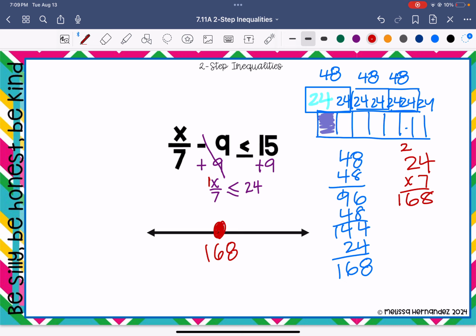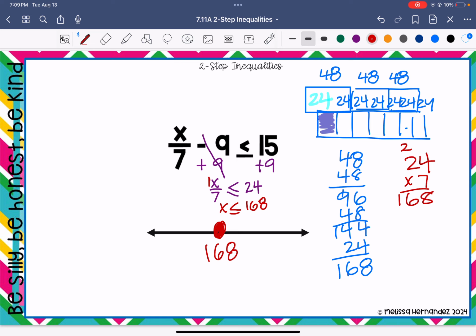Now, because we're saying it's less than, I want all the numbers that are smaller than 168. Was 170 smaller? Nope. Is 165 smaller? Yep. 145? Yep. 245? No. So we can just come up with all the examples.